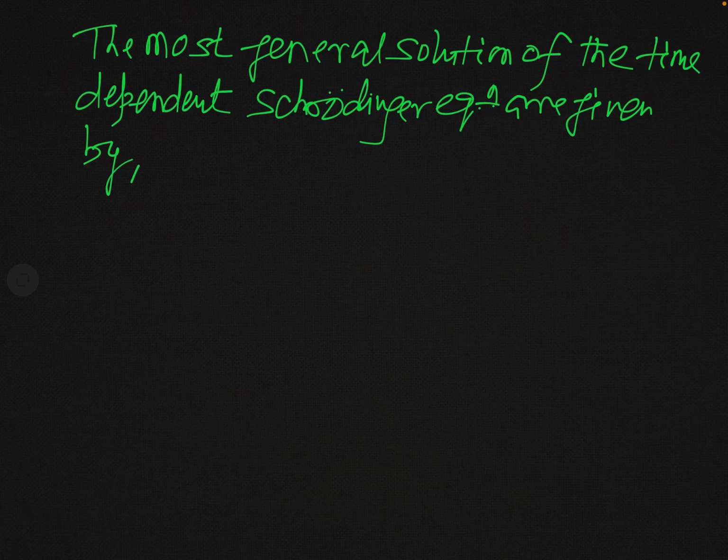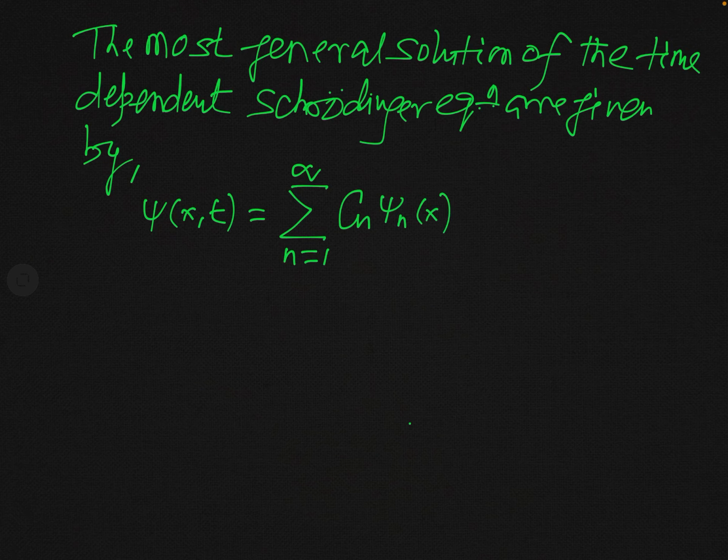So using those ideas of the previous lecture, you can write that psi of x,t will be equal to summation n from 1 to infinity of Cn, where Cn is a constant factor, times psi n of x. Our time evolution factor is e raised to the power minus i En times t over h bar.